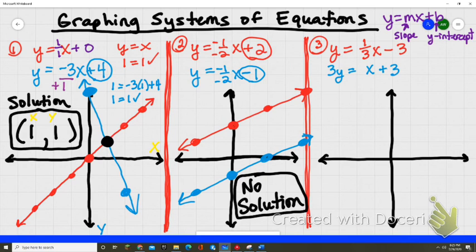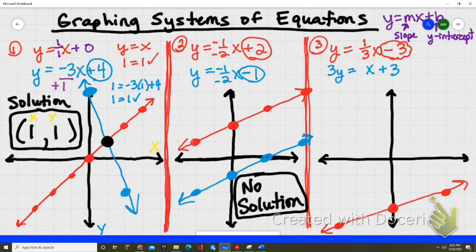Now let's look at our last example. In the last example, we're going to graph, again, this 3 is negative, so we're going to start at -3 for our y-intercept. Our slope is 1/3 x, so we go up 1, right 3. Or we could go down 1, left 3. We graph our line.